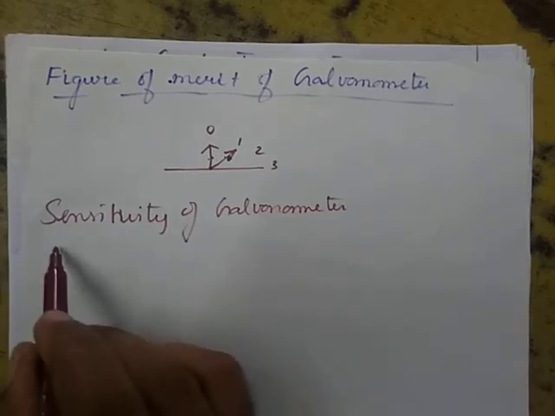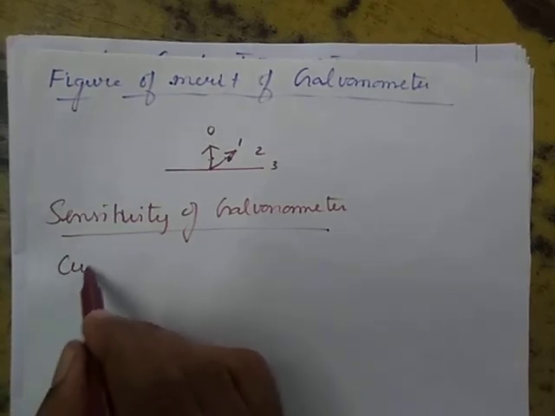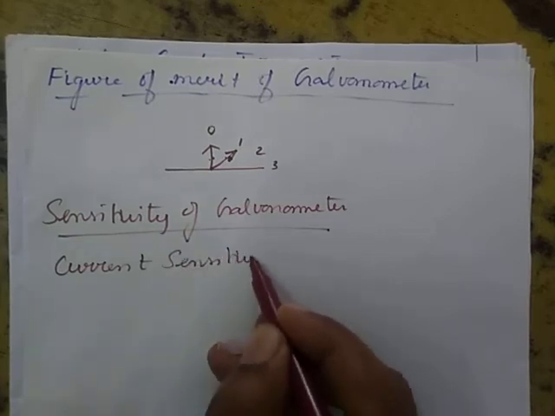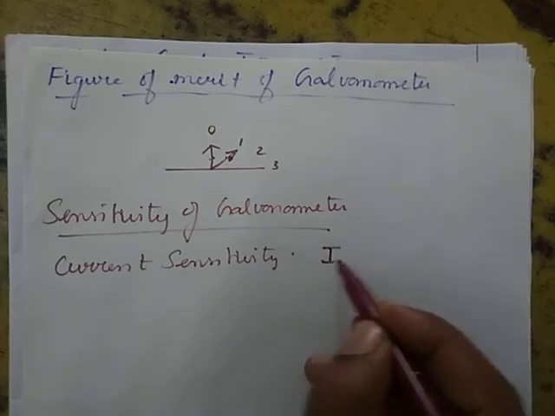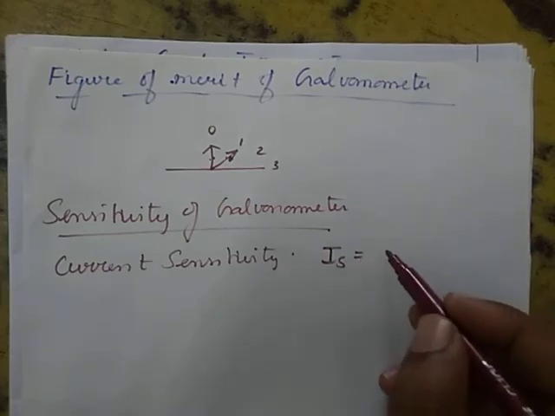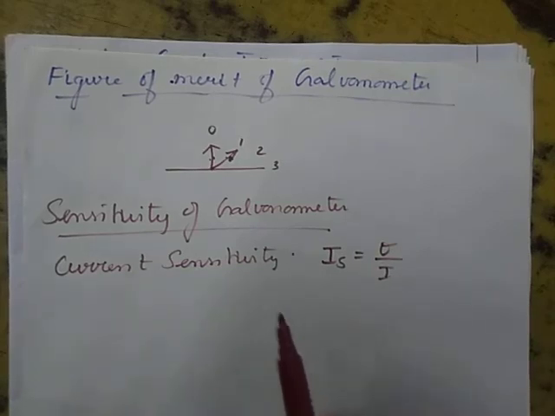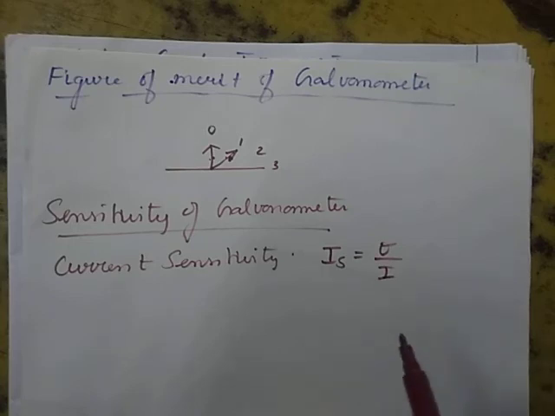First of all, the current sensitivity, represented as Is. Is is equal to theta by I. Current sensitivity is defined as the deflection produced per unit current.